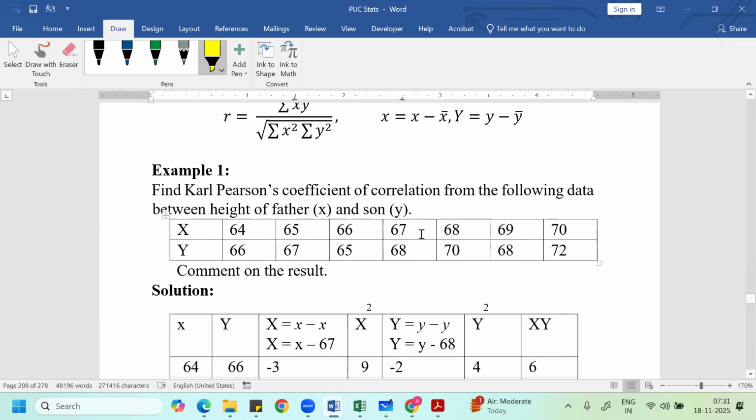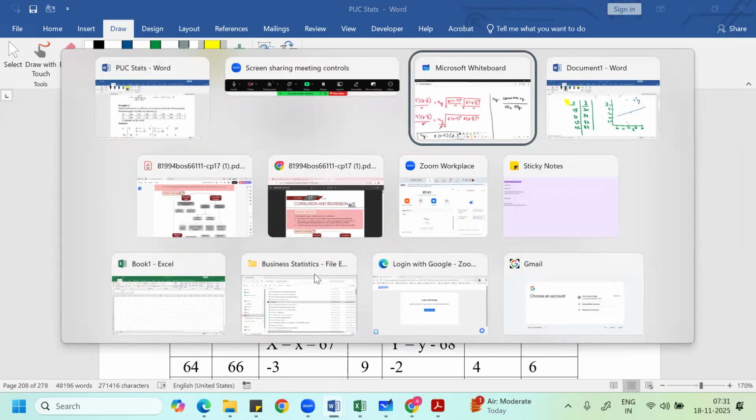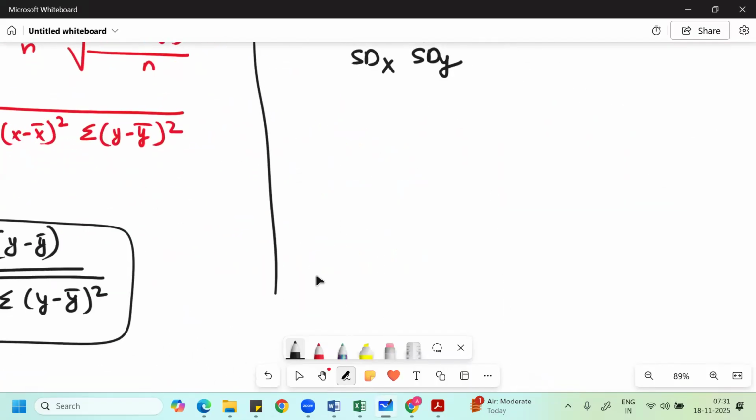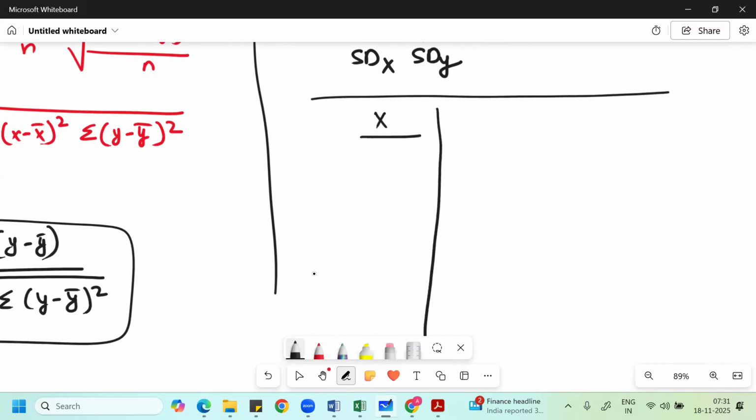Here they have given that x is the height of the father and y is the height of the son, and they ask us to calculate the correlation coefficient. So let me write this down. This is x and this is y.